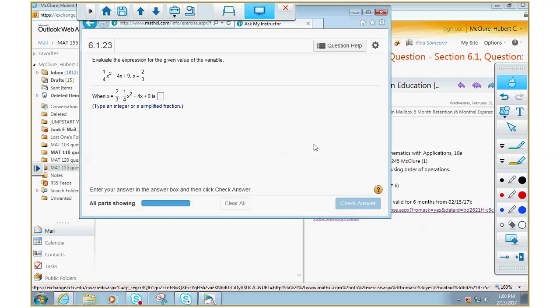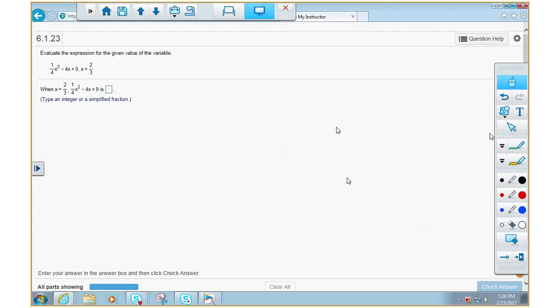What's different? The 1/4? The former question was 5x. Okay, I want to do this one too. Now I want each of you to try to do it step by step and not try to do it in one step. And you might be surprised how easy it is.